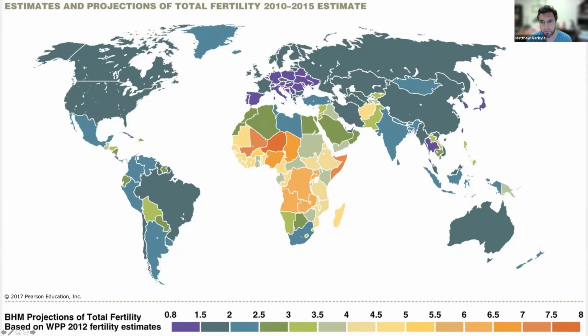Although in South Asia, where you see more rapid development in some regions, you see fertility rates decreasing. And you see generally low fertility rates in places like Europe, which has higher affluence, and also in places like Japan and also the United States.